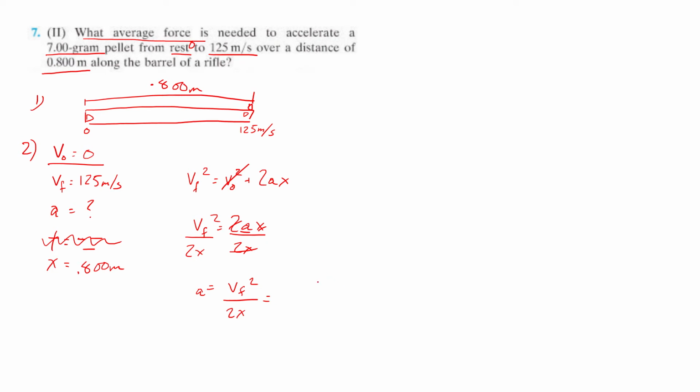And then this is 125 meters per second squared divided by 0.800 times 2. I did that math and I got 9,770 meters per second squared.